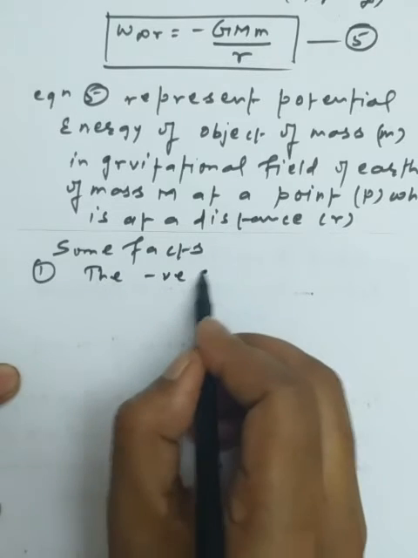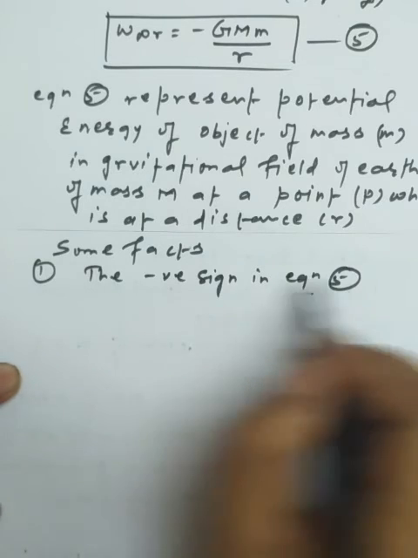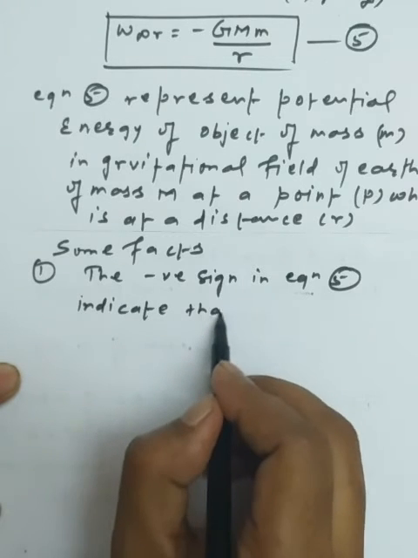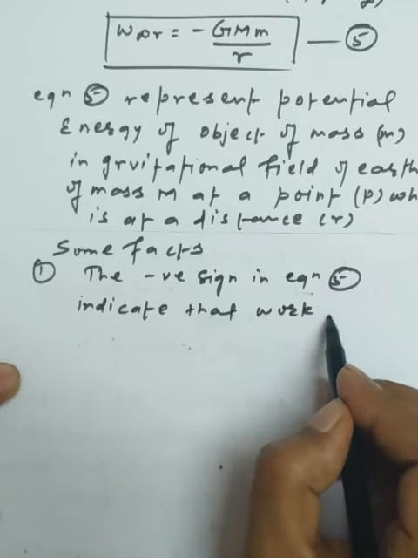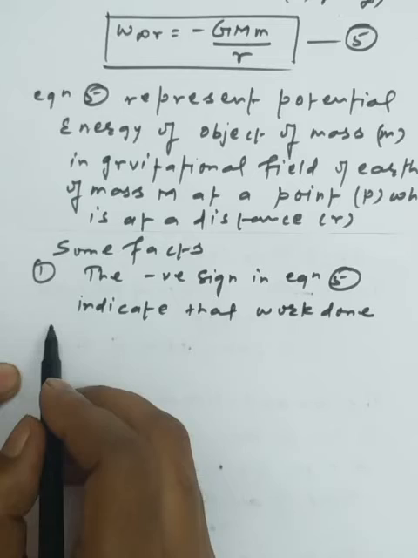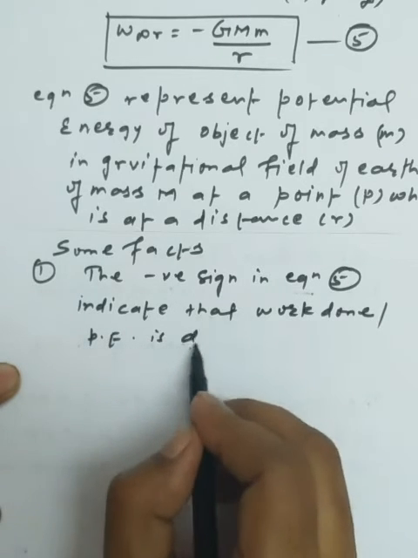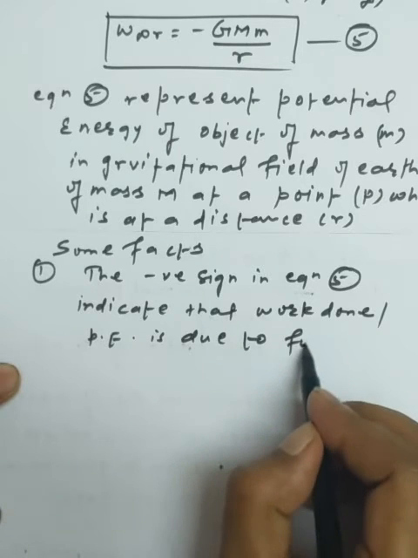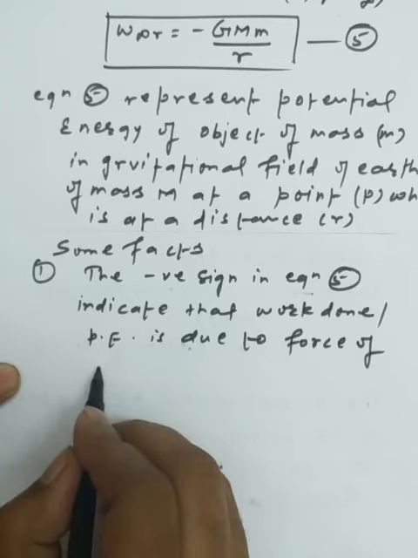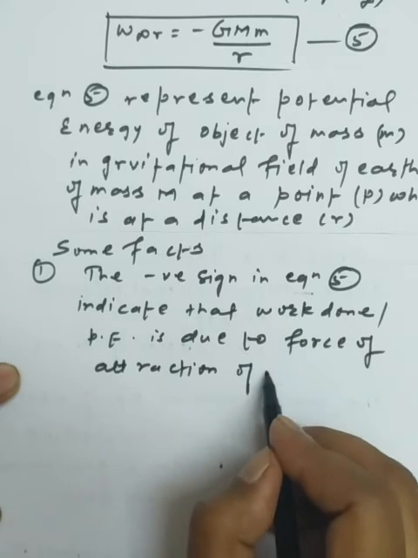The negative sign in equation 5 indicates that the work done or the potential energy is due to the force of attraction of earth.